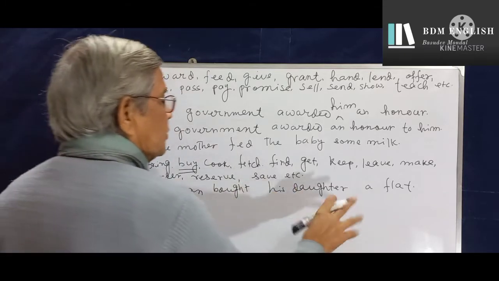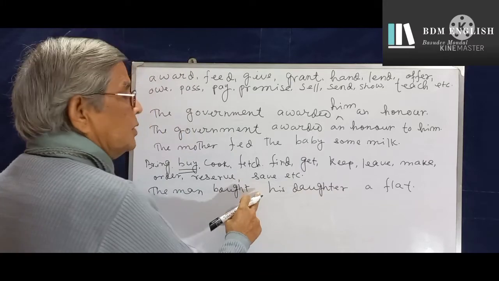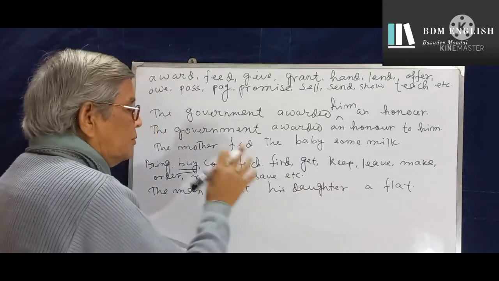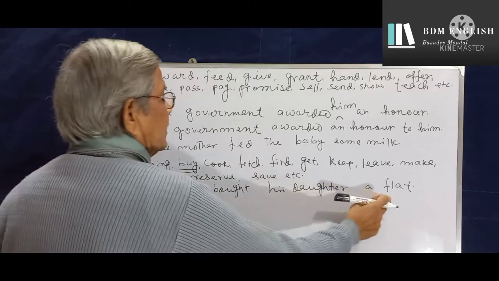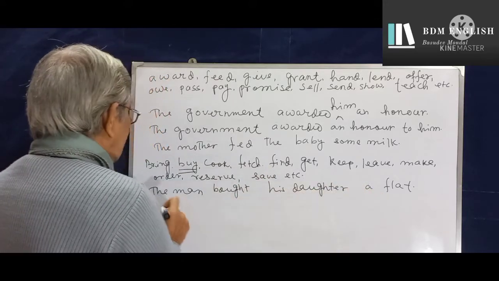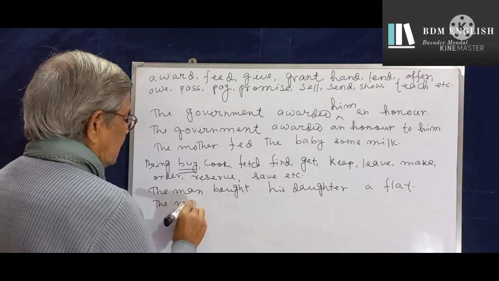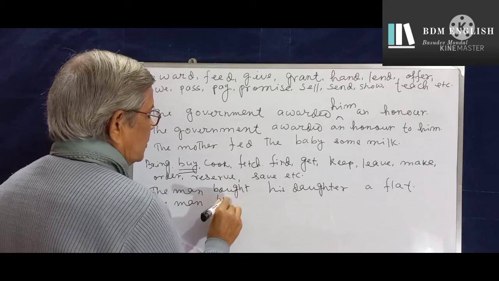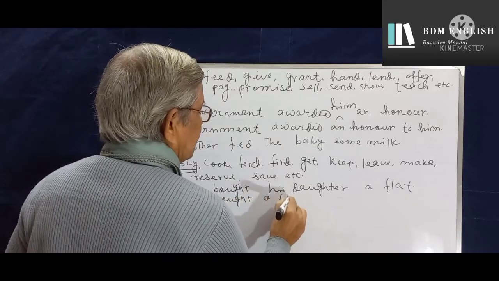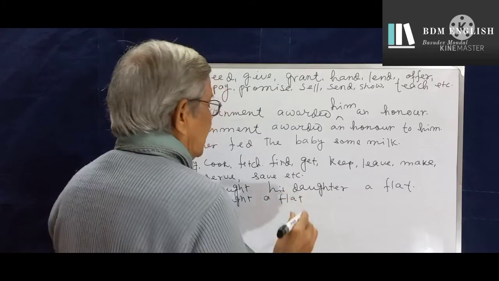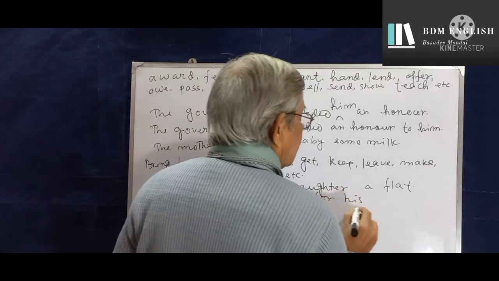Now, if we reverse the positions of the direct object and the indirect object, here we'll have to use the preposition for because the meaning demands so. The man bought a flat for his daughter. The man bought a flat, the direct object, a flat, and then the preposition for, and then the indirect object.